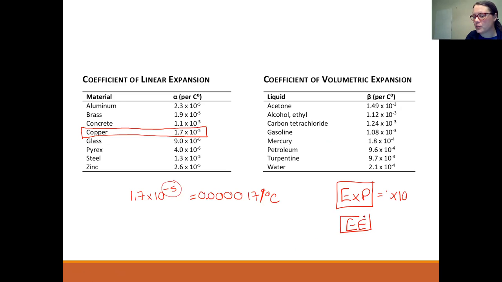So if you're putting these numbers in your calculator, I might put in 1.7, and for my calculator, I'm going to press EXP, and then I'm going to put -5, and that will give me the equivalent of that number. So that's just a little calculator tip. All right, so you can check the video out. The video has a couple calculators with some pictures of where the keys are.